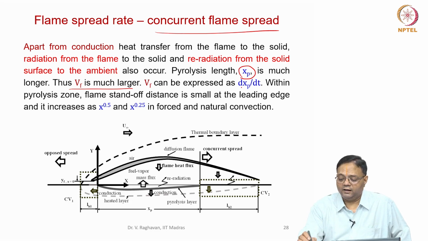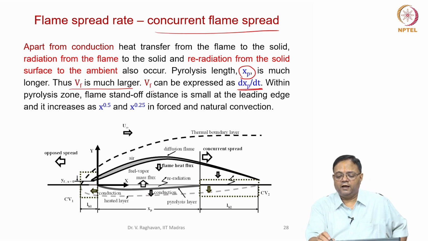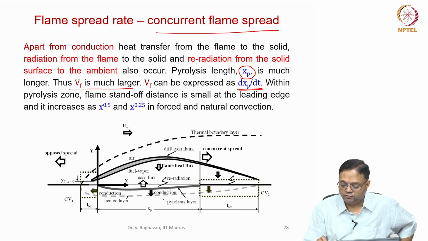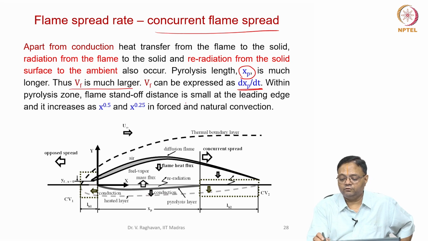So, let us say if x p is the pyrolysis length, I can say V f can be expressed as d x p by d t. Okay, so within the pyrolysis zone, this is the pyrolysis zone. Within the pyrolysis zone, the flame standoff can be small because the flame has to heat up the pyrolysis. You can see that the pyrolysis region goes like this. The depth increases, and towards the end of the pyrolysis length, the depth at which the pyrolysis occurred has reduced.